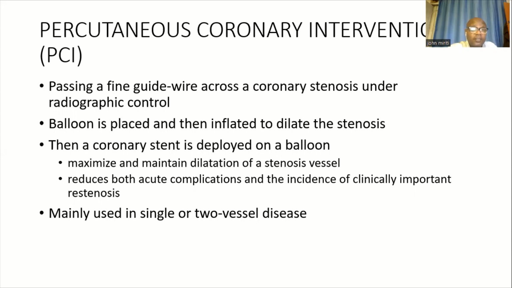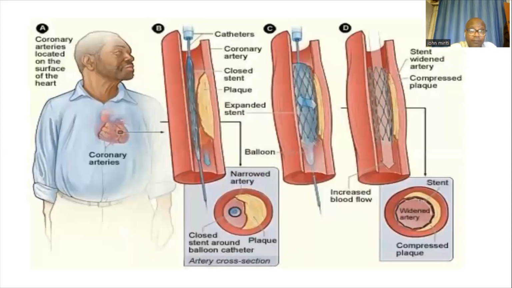So it is mainly used in single or 2 blocked vessels of the coronary. So that is an example of how it is done. You can see how the wire mesh is deployed there, to ultimately dilate the blocked vessel, the coronary artery.